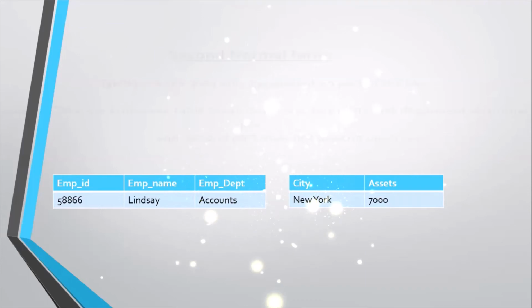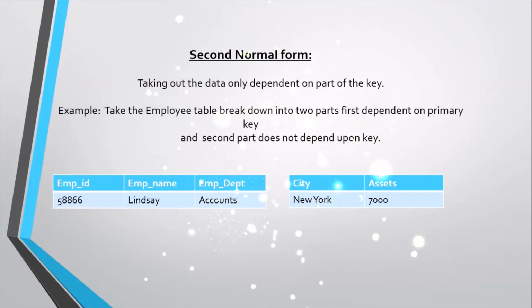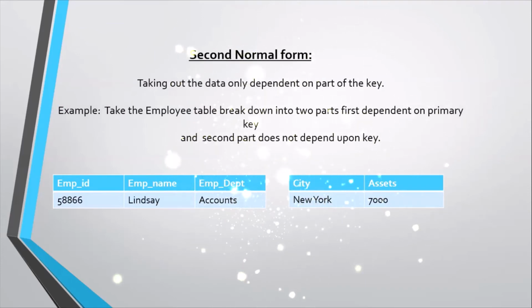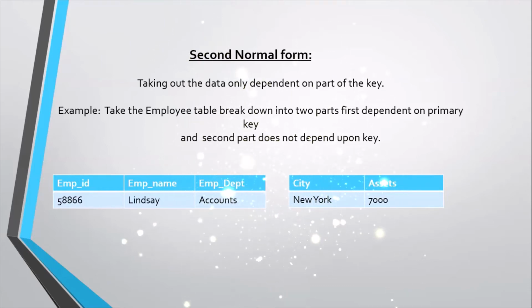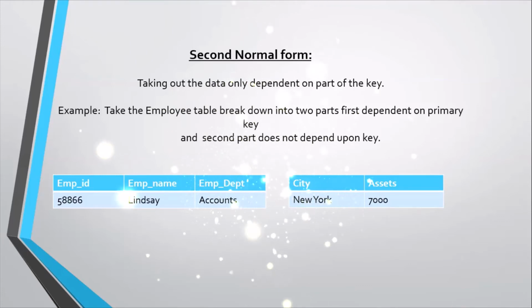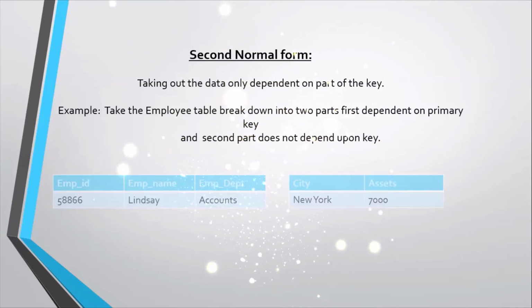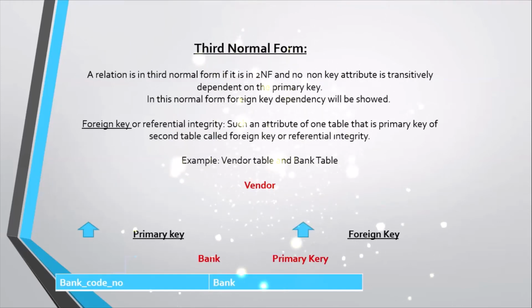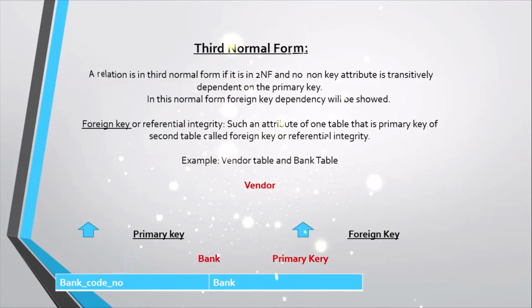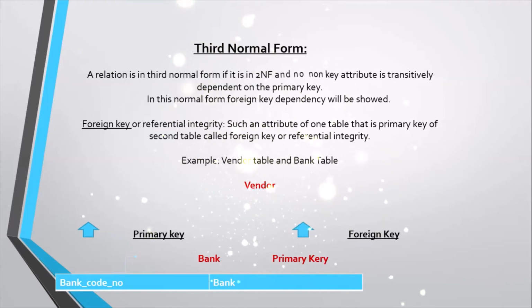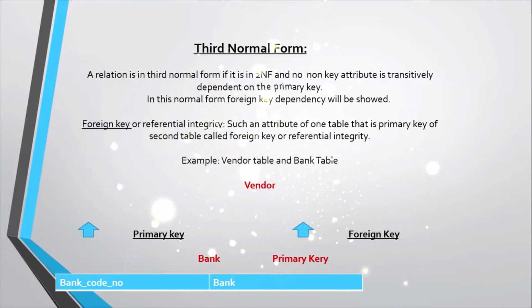There are some examples, and there are different forms. We have taken some examples of the city and their assets, employees and departments, and also this common example which we used to explain our theory. And the third normal form, the primary key and foreign key, along with an example of a bank and a vendor.